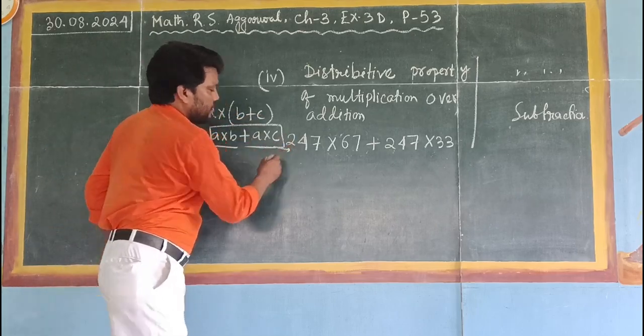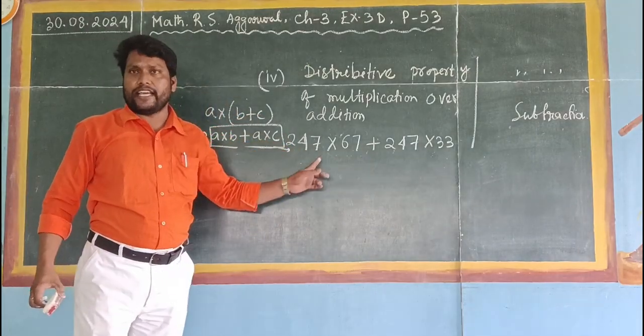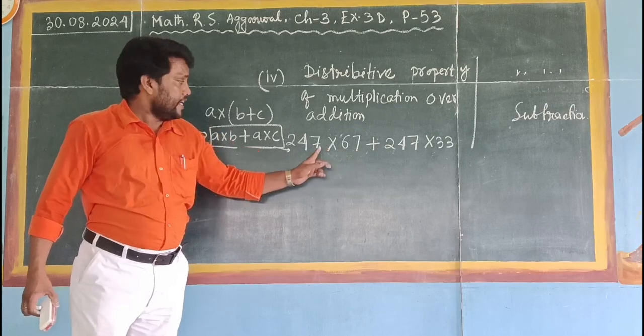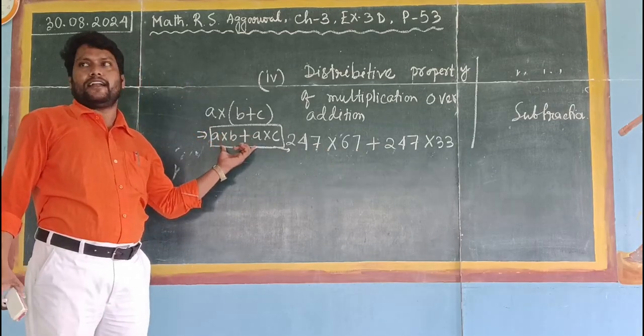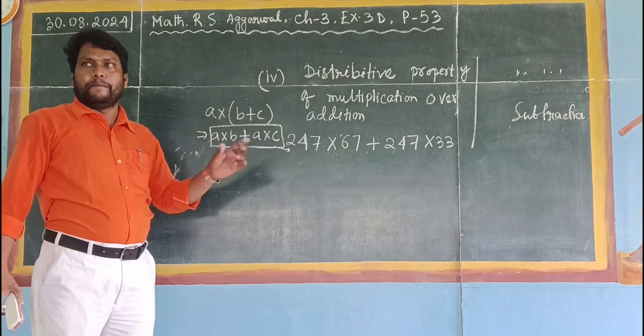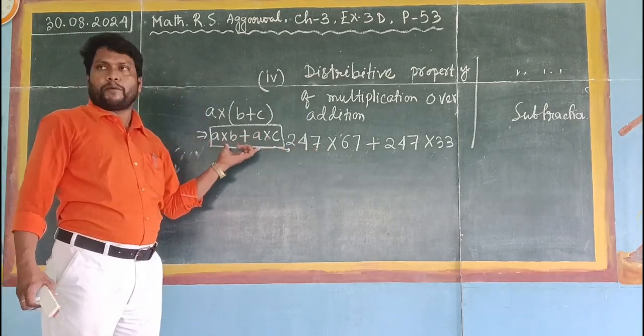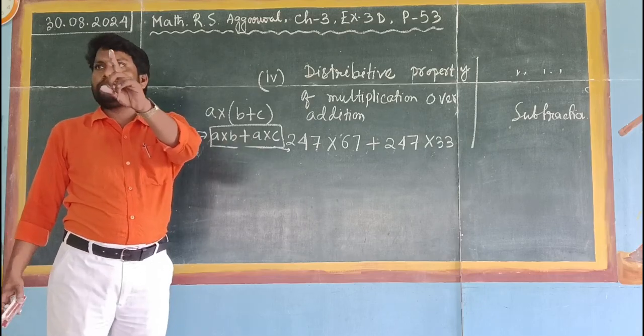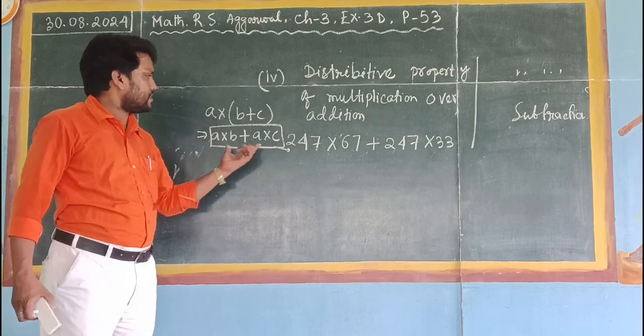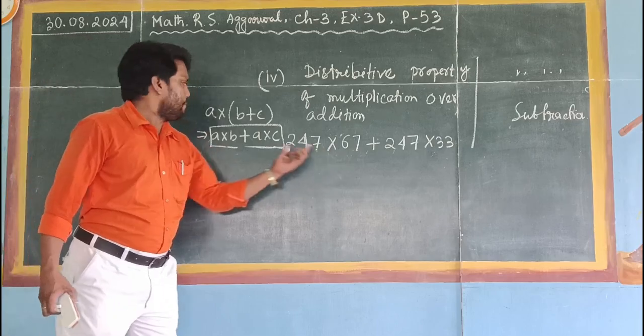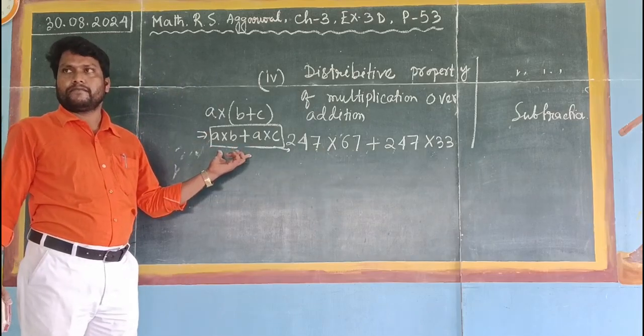Look, just compare the example. It is written in this condition. If you are unable to compare the example with the property, you cannot solve. At first try to understand and compare the example with the property.